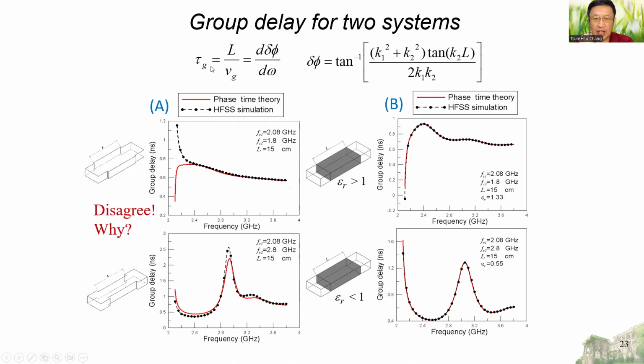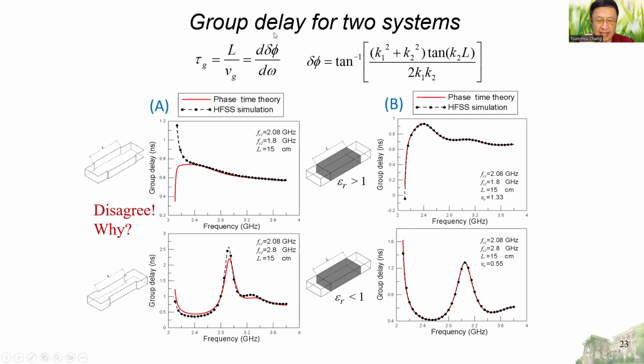Once again, tau_g = L divided by Vg. So delta phi in the region can be written in this form. Opposite group delay for phase-time delay. For group delay, according to the theory, it should be here. But in the HFSS simulation, it disagrees one more time.